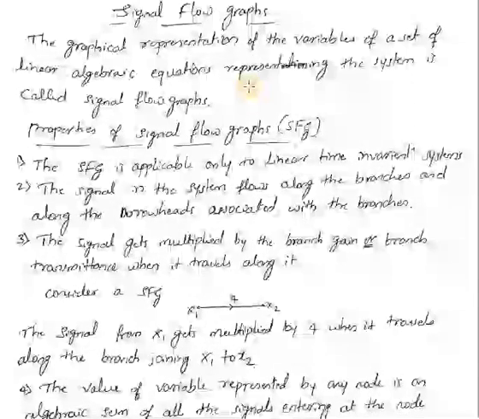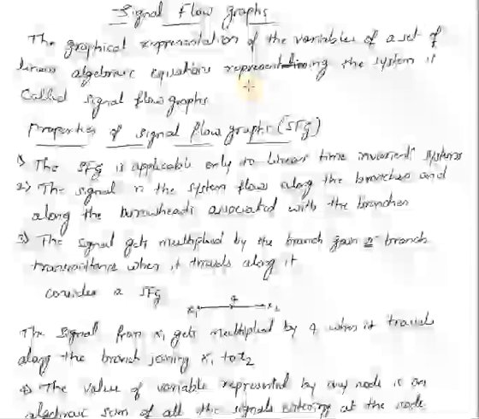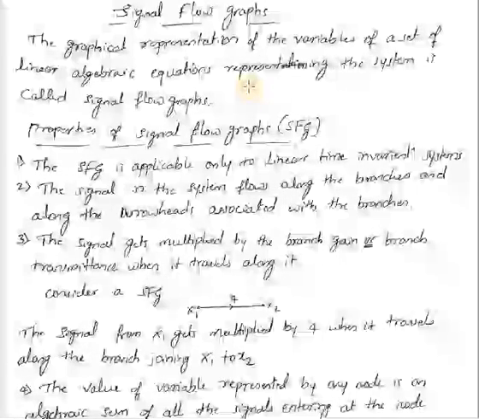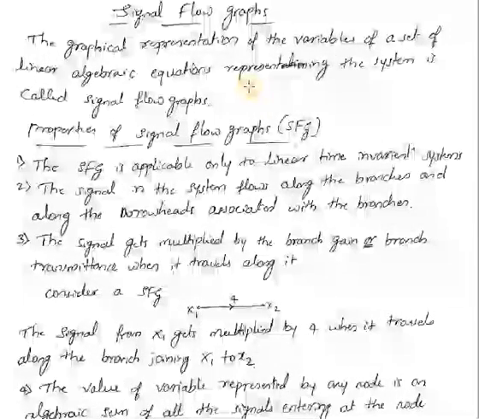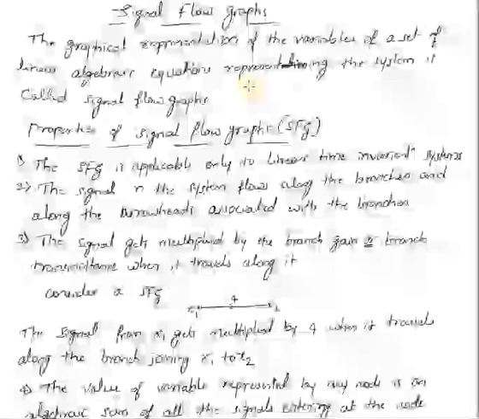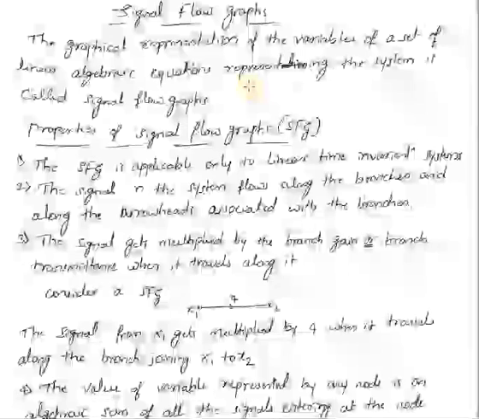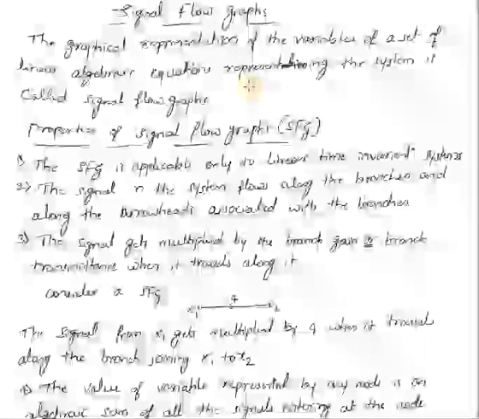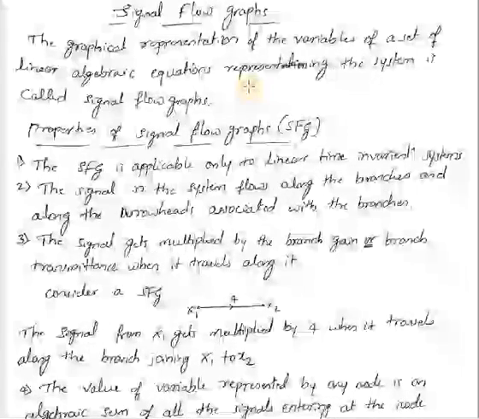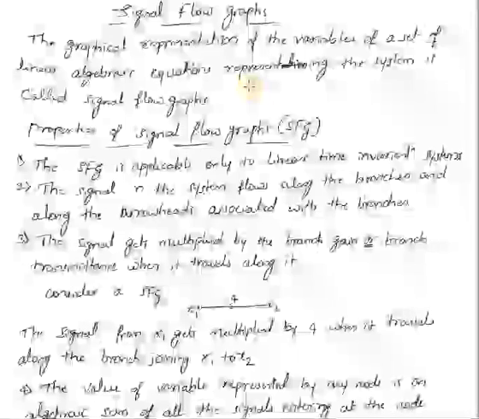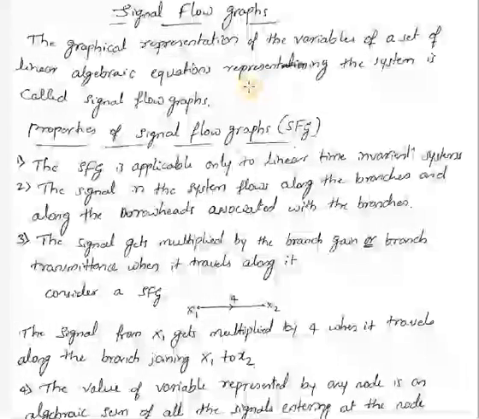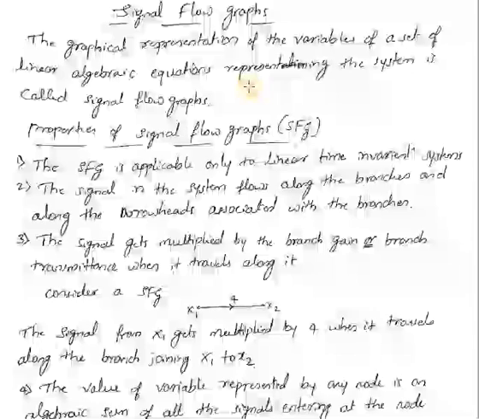Some of the important elements in signal flow graphs are the variables, as variables are important elements of the set of equations for the system. These are represented first in the signal flow graph by small circles called nodes of the signal flow graph. These terms you will understand as we move further.